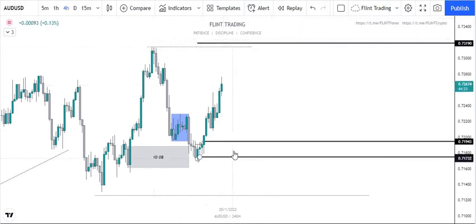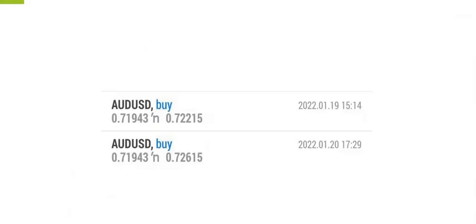But within that, I had a few levels, like this was my TP1. I took some partials off, I moved SL to break even, and this was an outlook. So this was my TP2 around here, and this was my TP1 72215. This one was my TP2 72615, and I took some partials off.